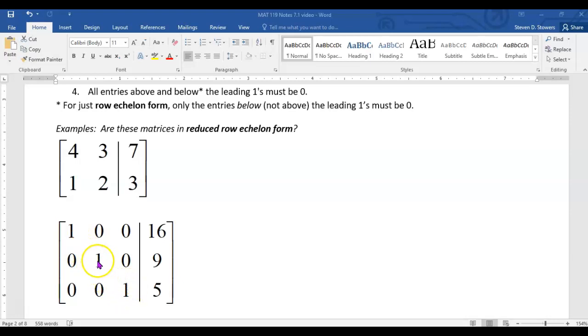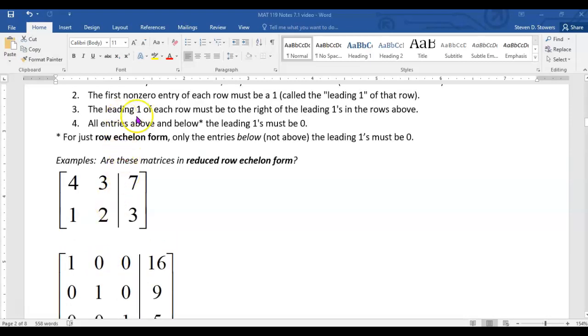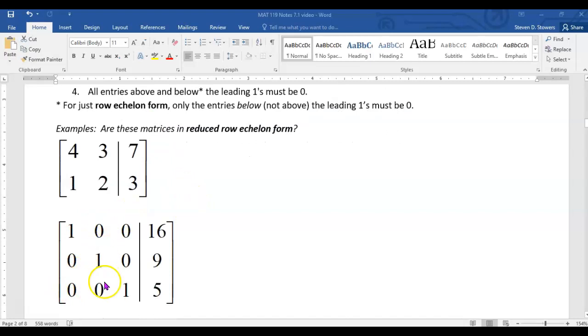The leading one here is further to the right than the leading one of the first row, and the leading one of the third row is further over to the right than the leading one of the second row. Condition 3. That was what we just checked, and now condition 4, all entries above and below the leading ones in the same column have to be zeros. That checks out. So yes, this is in reduced row echelon form.